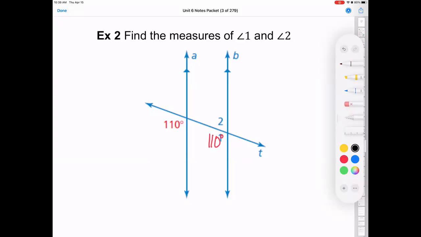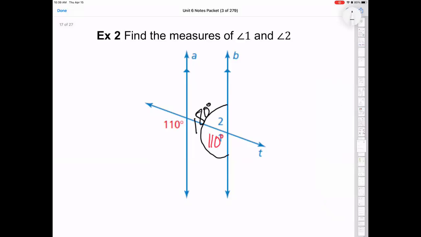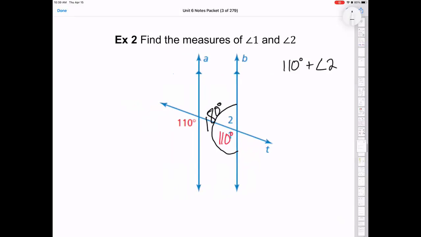Then we had another student say, well, they can see that these two angles will combine to be 180 degrees. That's those supplementary angles that we've studied. So to set up that equation, we have the 110 plus the angle 2 should combine to give us that 180 that we need.